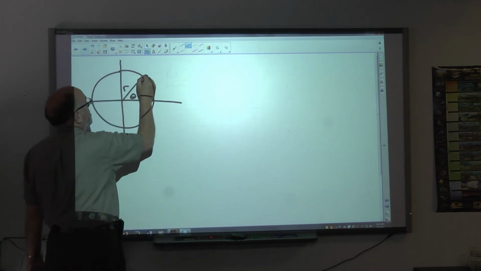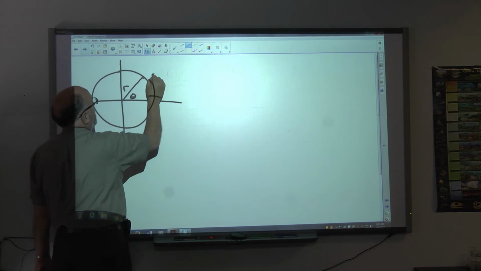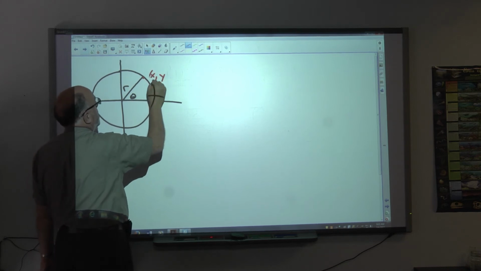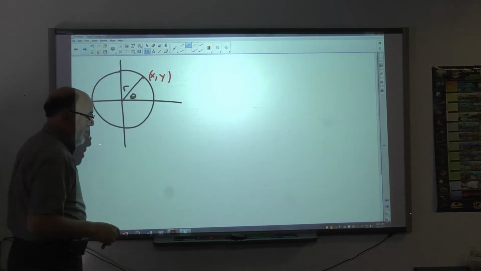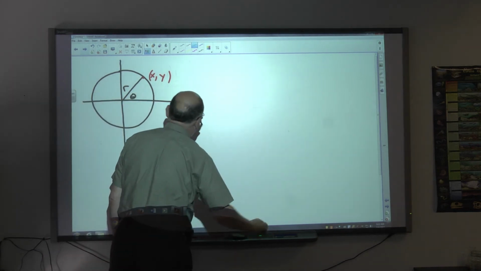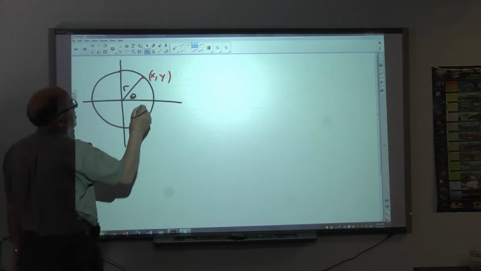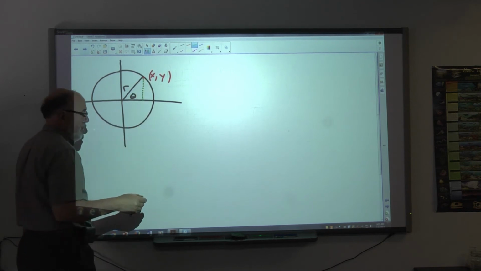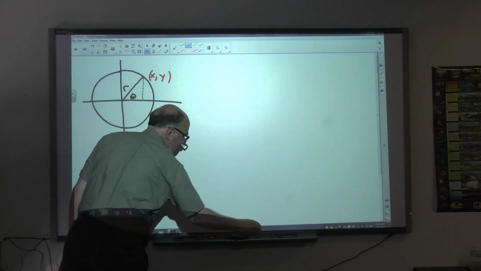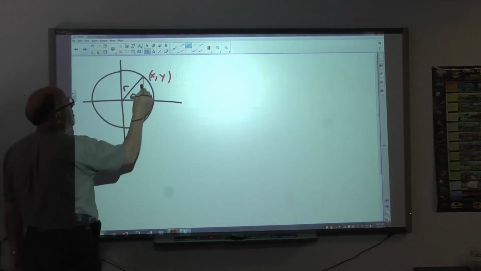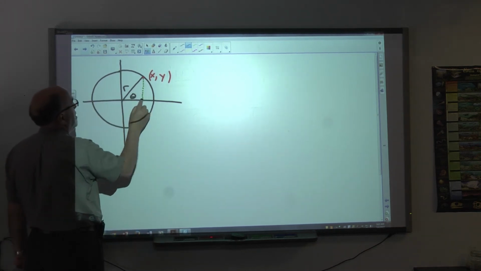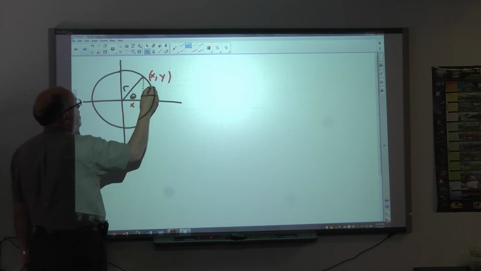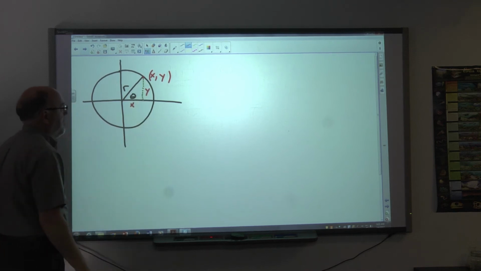This point on a circle is given by the coordinates x, y. And then, if I drop a perpendicular down to the x-axis, and I look at this part here, I have a right triangle. From here to here is going to be given by the x-coordinate. From here to here is given by the y-coordinate.